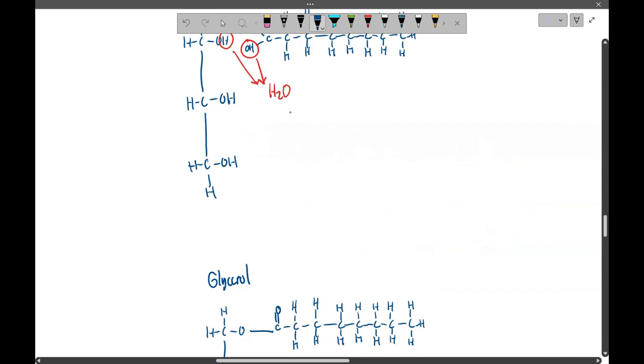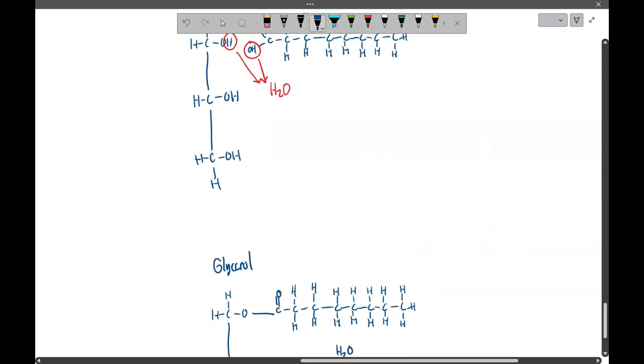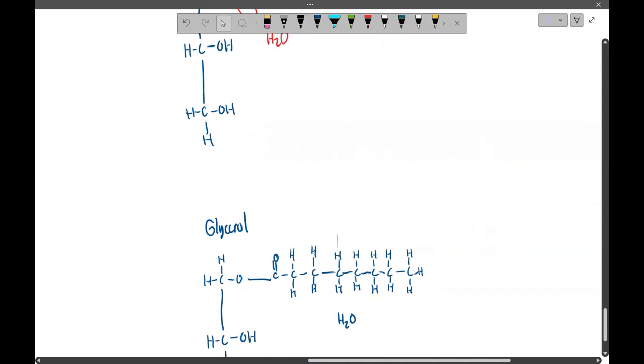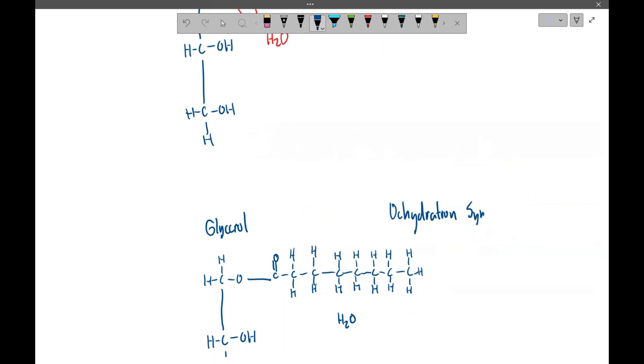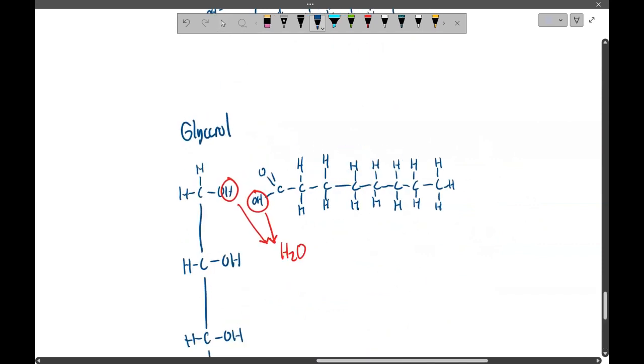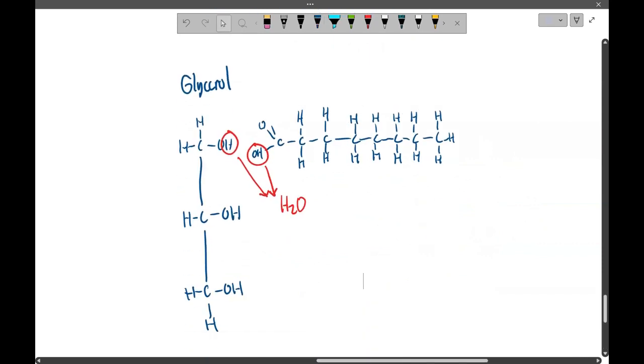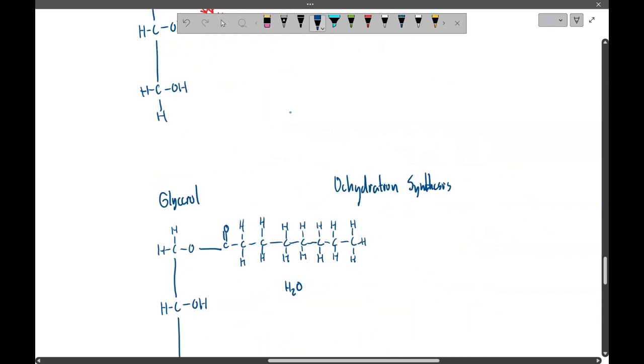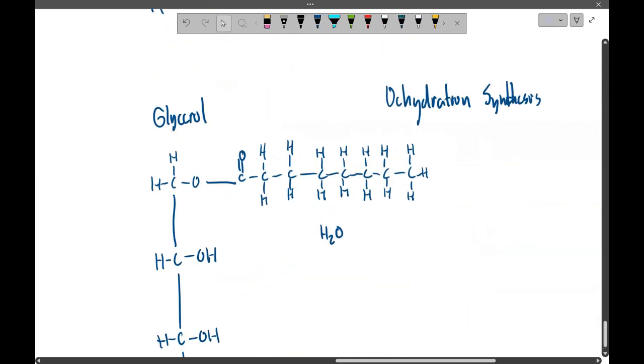And if you notice, this is very similar to the one we did yesterday with carbohydrates bonding together, and this too is dehydration synthesis. So you can see here how the molecules together lose H2O, so they lose water, and together they bond together to synthesize a larger molecule.